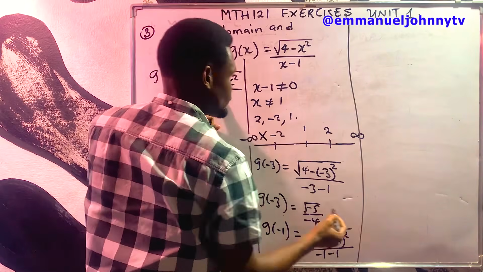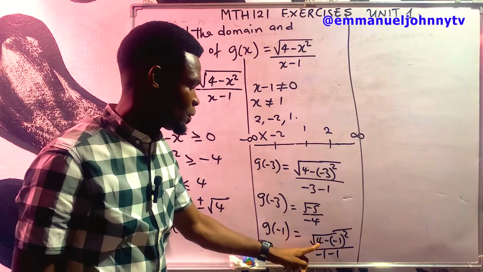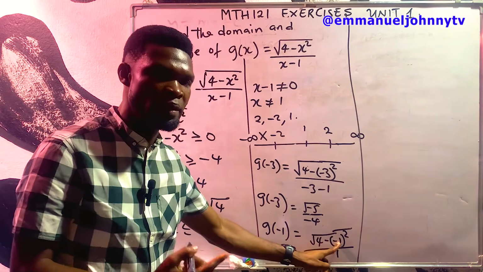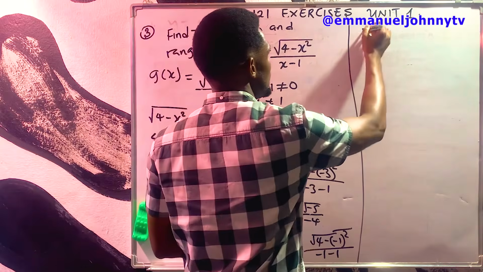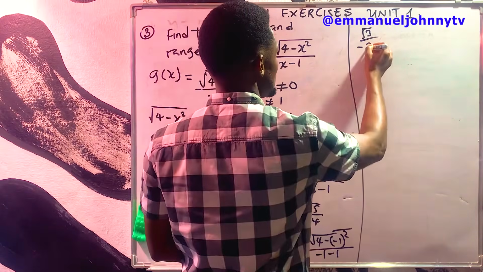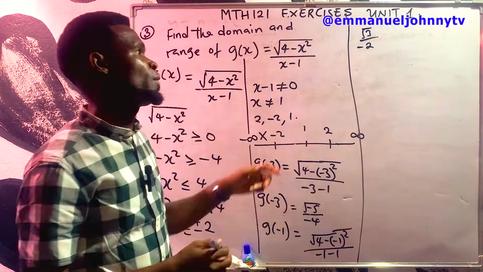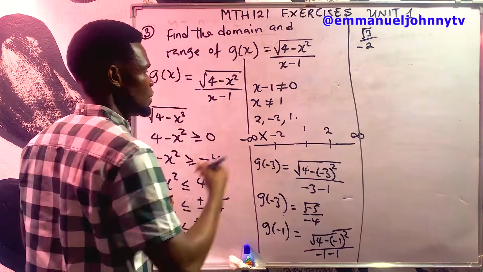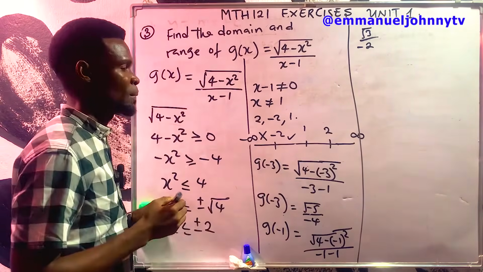That will give us minus 1 squared is 1. So 4 minus 1 is 3. That means root 3 all over minus 2. Of course, for the fact that this is defined, that means that this region is defined.